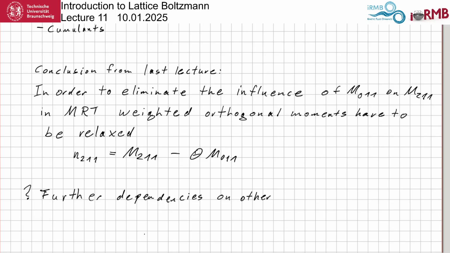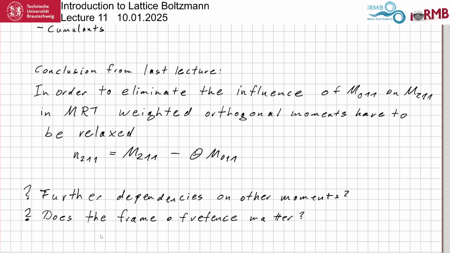Because we only found this particular one. And something that we have not yet covered is also the frame of reference. So this is basically the main question that we'll discuss today. Does the frame of reference matter? So we found that orthogonality matters, but also what does this mean for the frame of reference?